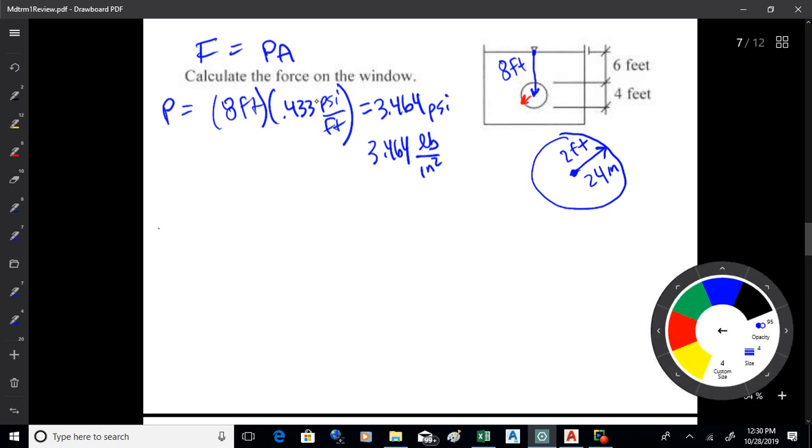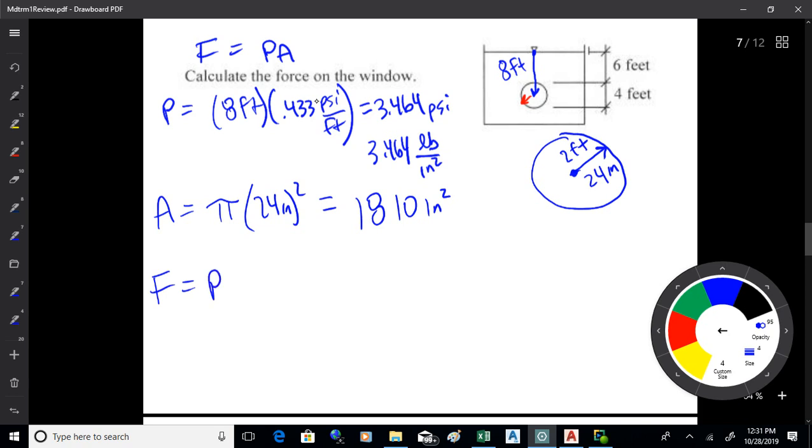So I need to find the area, which is pi times 24 inches squared, which is 1,810 square inches. And now you can find the force.